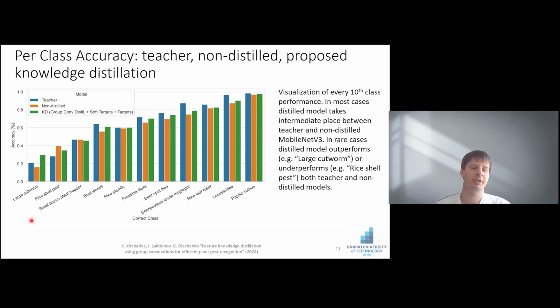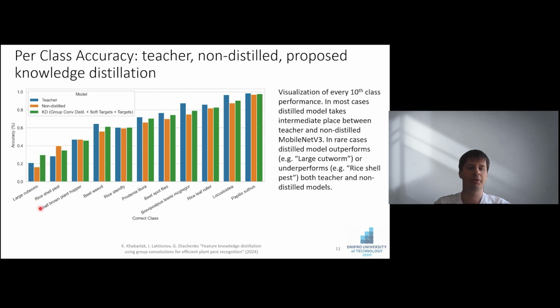Per class accuracy: the dataset itself has more than 100 classes, so we sort accuracies of models and show every 10th class. As you can see, on average, the distilled MobileNet V2, shown in green, has an intermediate place between the large teacher shown in blue and the non-distilled model in orange.